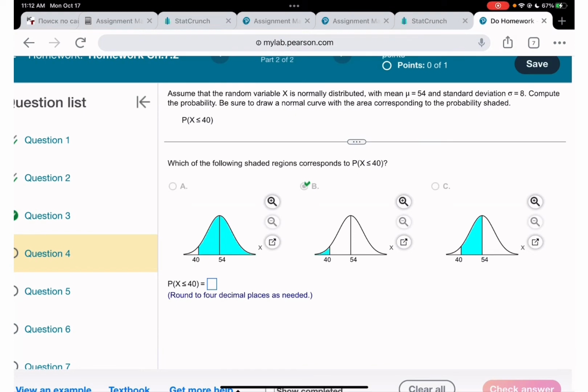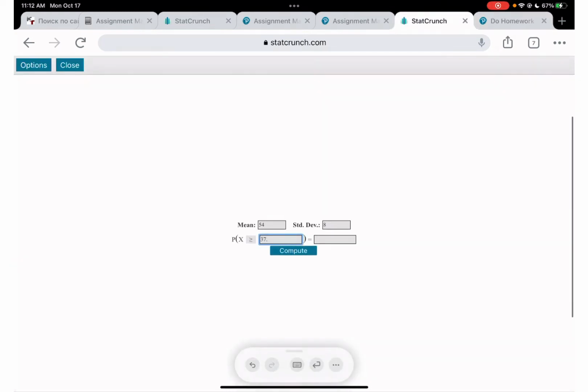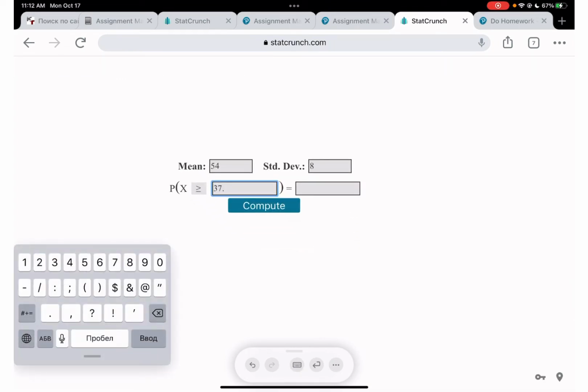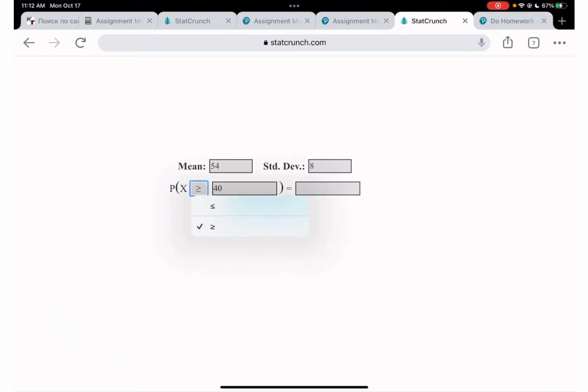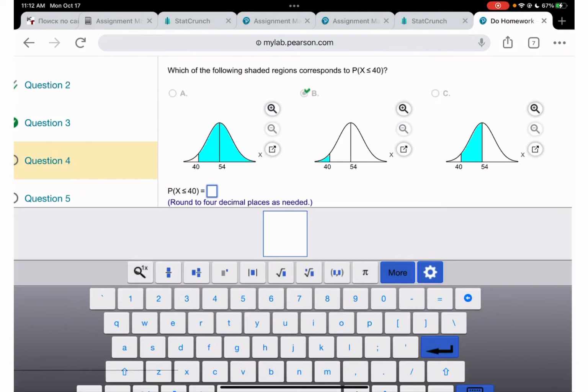X is equal 40, okay. So this is going to be 40 and less than or equal, okay? And we got 0.0401, so it's 0.0401. Let's write it down.